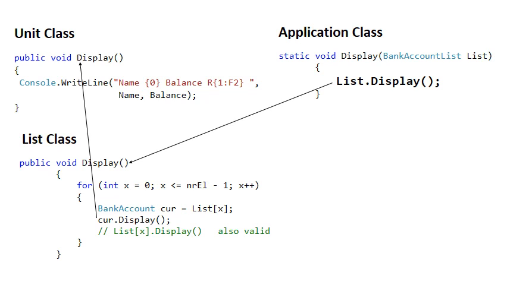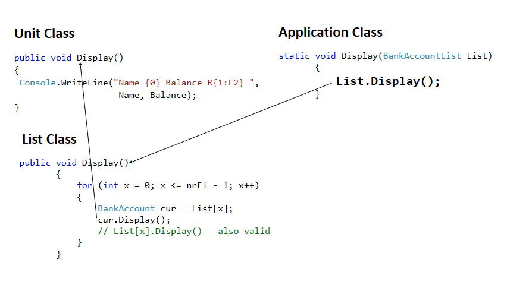Now that current.display uses the display method in the original bank account class. So note here we have 3 display methods. The one we're looking at in the bottom left is the method in the list class that traverses the array. For each element in the array, it calls current.display, which is the method inside bank account, each separate bank account.